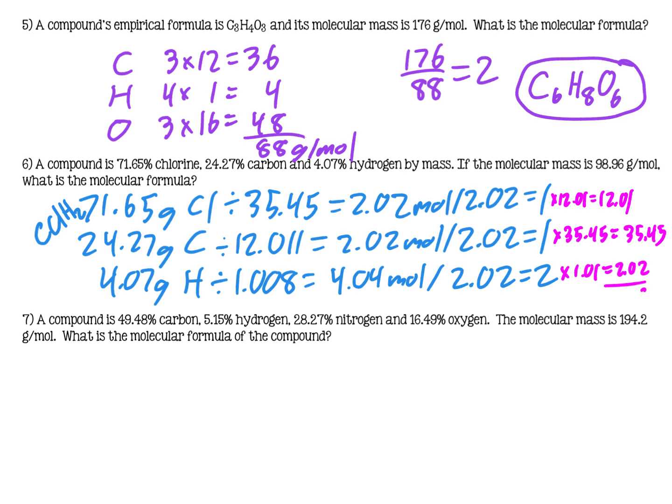The empirical mass is then 49.48. If we take 96.96 and divide by this number, we will get 2. That means each subscript in our formula needs to be multiplied by 2 to get a molecular formula of C2Cl2H4. And we are now done with problem 6. Now let's look at example 7.